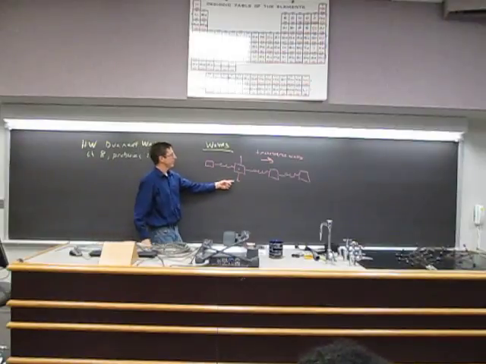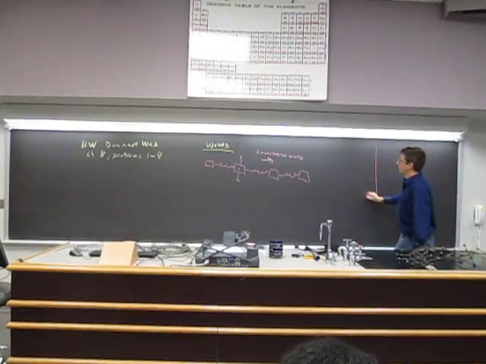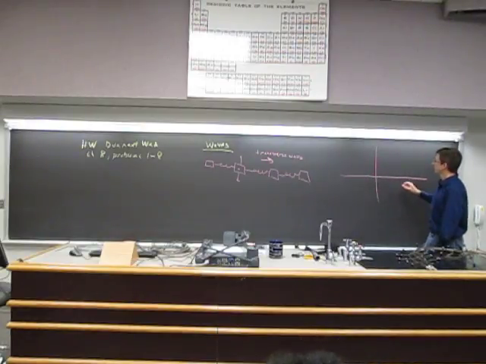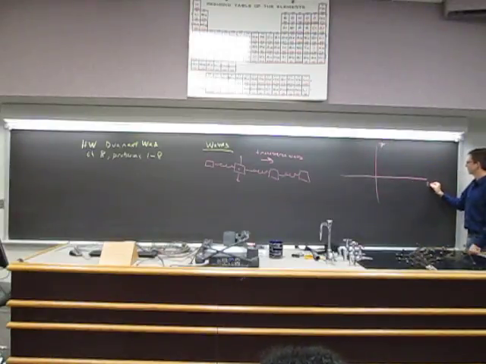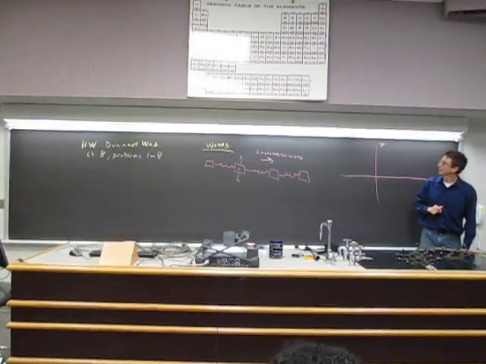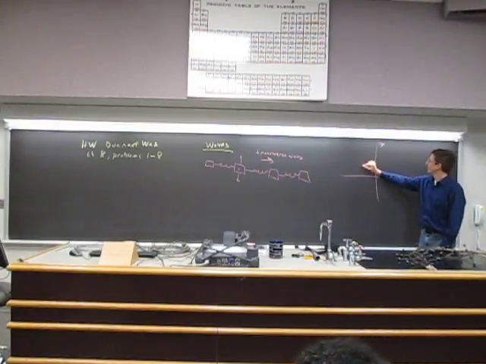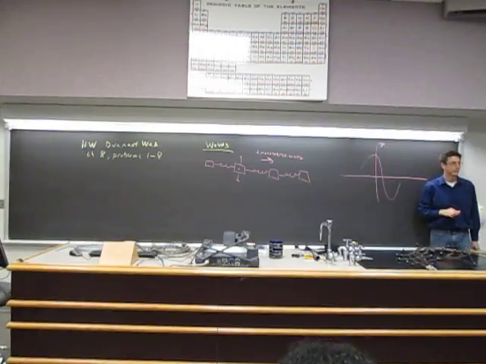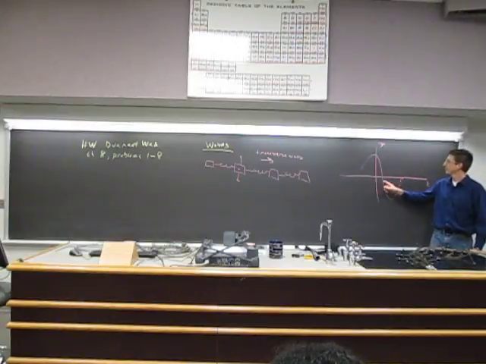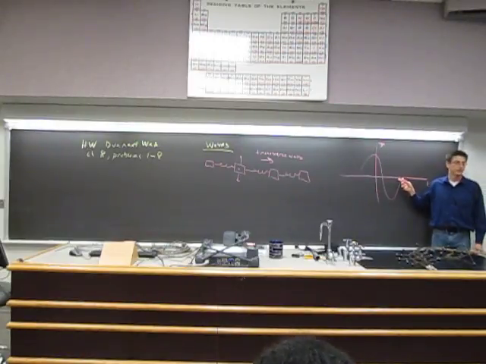If this is moving up and down, I could graph the position in the y direction as a function of time, of this mass. And if I have a wave going through, I'd see something like this: it'd go up and then come back down, probably go past its equilibrium point, and come back to its equilibrium point.